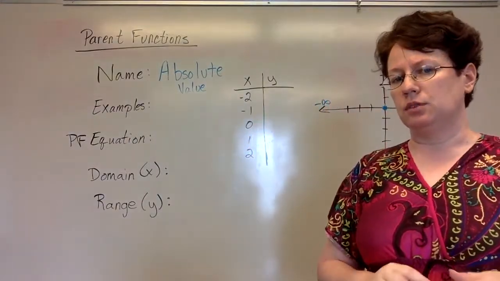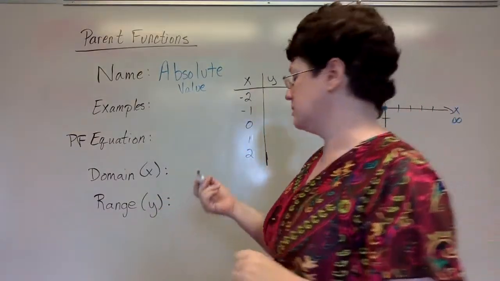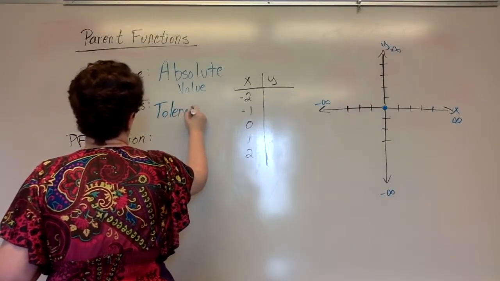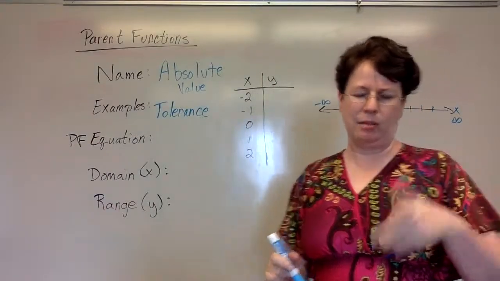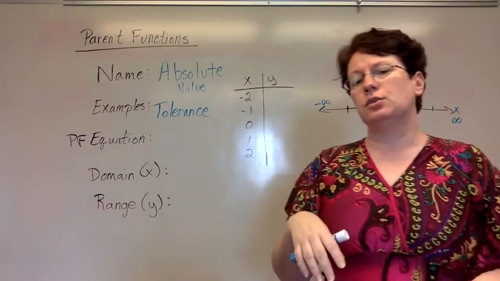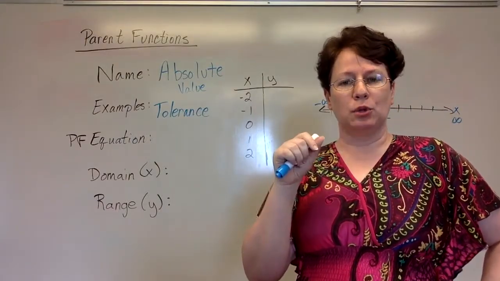But some examples of absolute value functions in the real world are actually tolerances. And you're going, well, I tolerate a lot of things in life, but that doesn't make me an absolute value. No, we're not talking about that. I'm talking about making things fit. So a tolerance, for example, would be a screw.